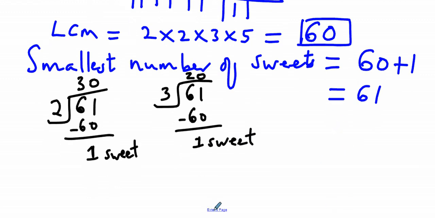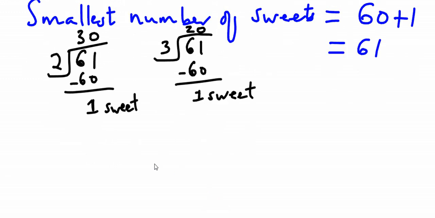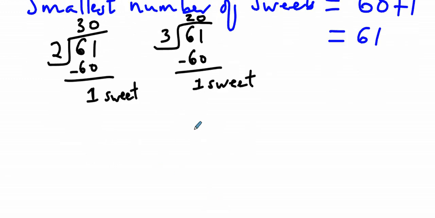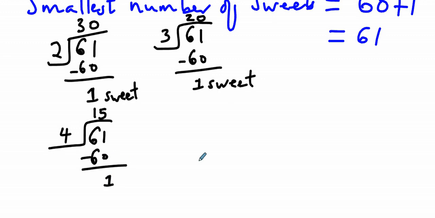Carry on with those 61 sweets shared equally among, say, 4 people. 61 divided by 4 would be 15. 15 times 4 would be 60. 1 sweet remaining.